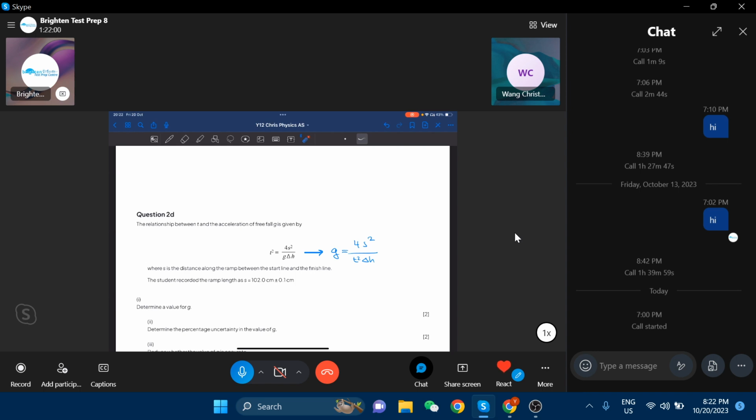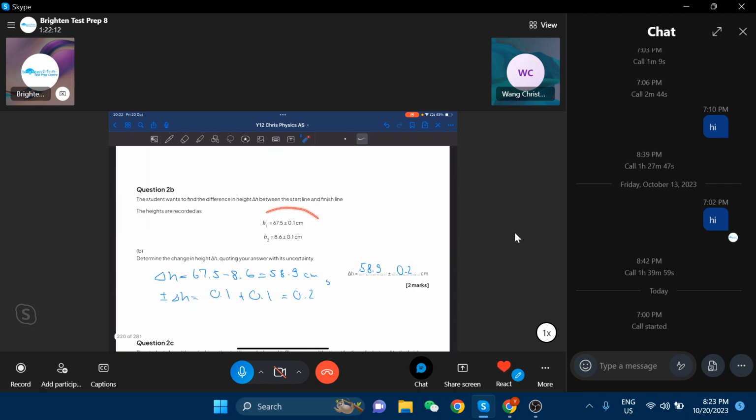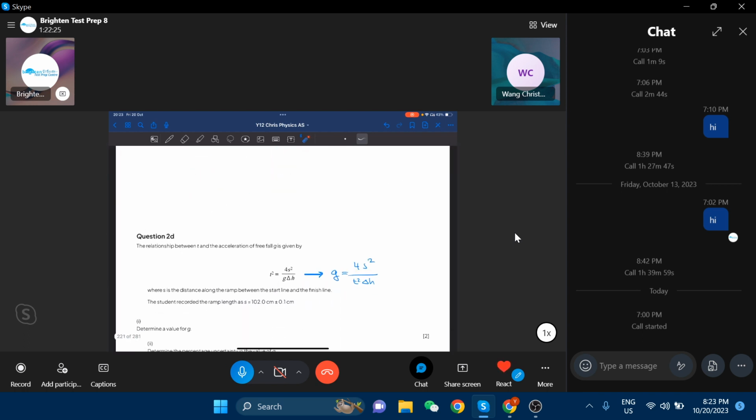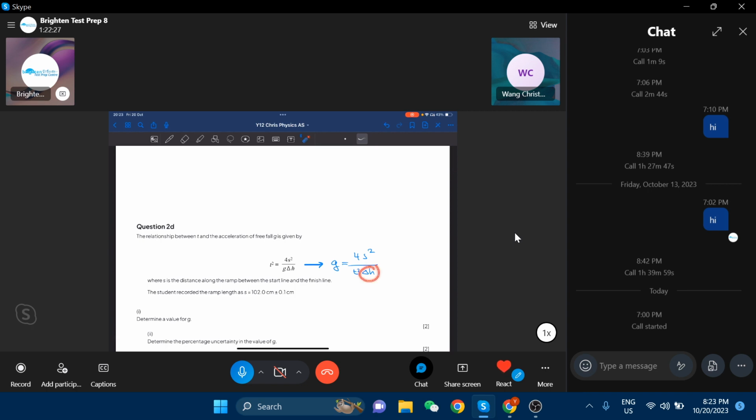And then we see, okay, now that's how I have to calculate G. And then, of course, I have delta H, S squared, and T squared. So what I have to do is go into the values I'm given and say, first of all, I have to calculate delta H. I have to calculate the average for the time. So I have delta H, I have T, and S is given.